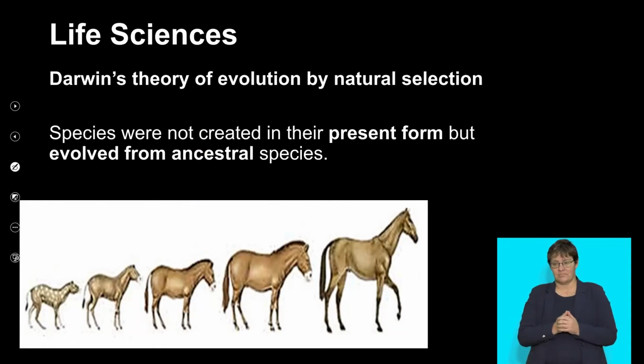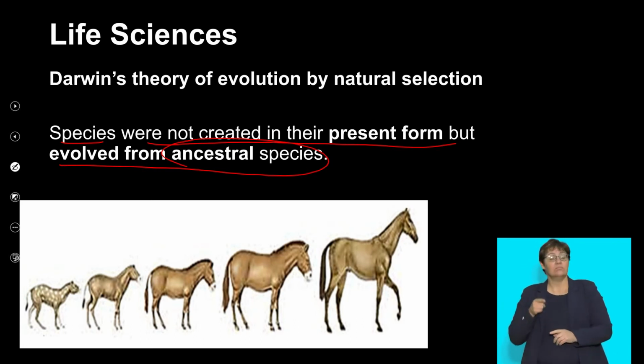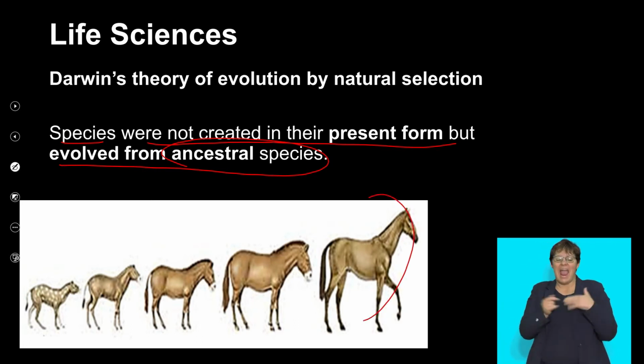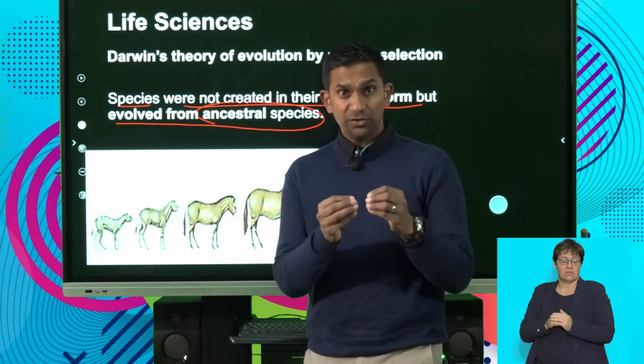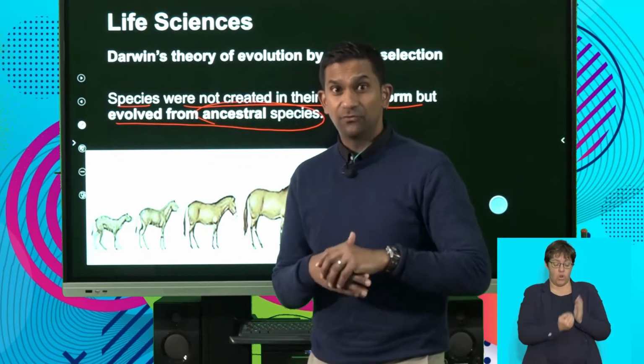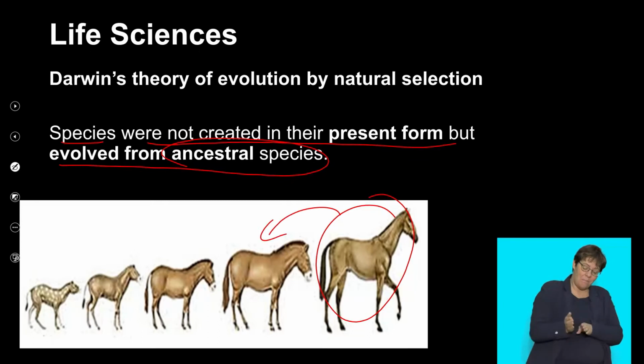Guys, Darwin's theory also pointed out that species were not created in their present form, but evolved from an ancestral form. Essentially what that points to is that any species that currently exists has not suddenly appeared. In order for a new species to form, it would have had to form from a pre-existing one.